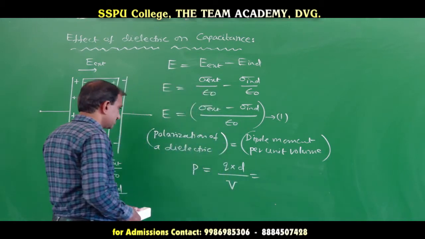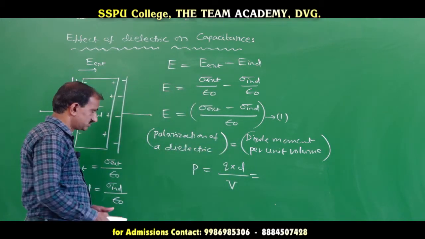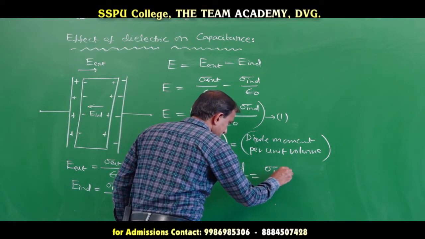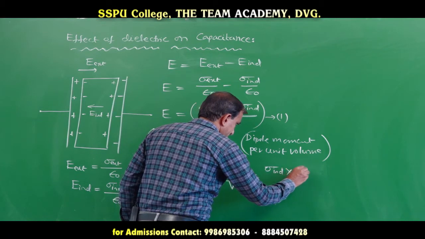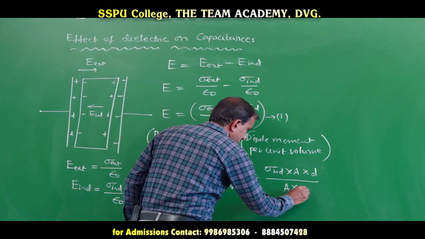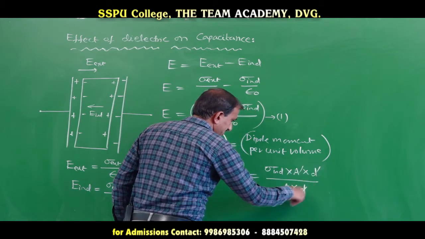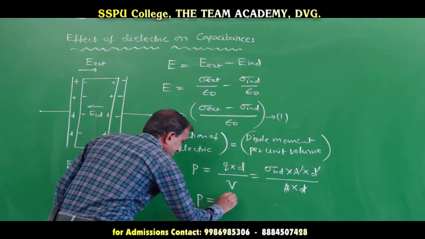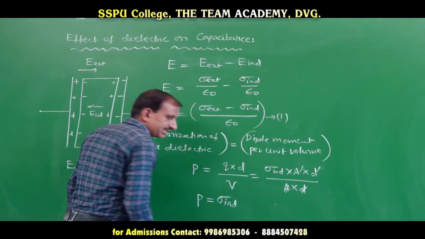Q is nothing but the induced charge: sigma induced, the surface charge density due to induced charges, into A into d, divided by the volume A into d. A and d get cancelled. Now the polarization of the dielectric is equal to sigma induced.